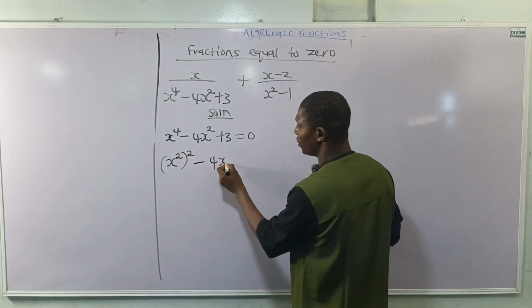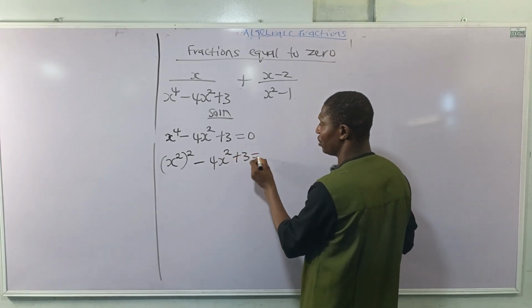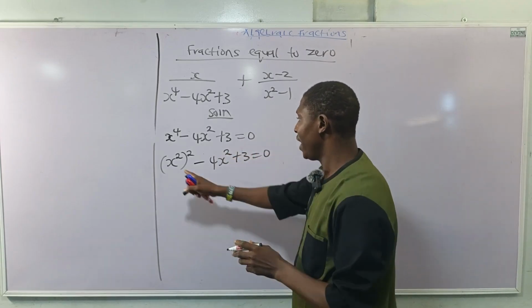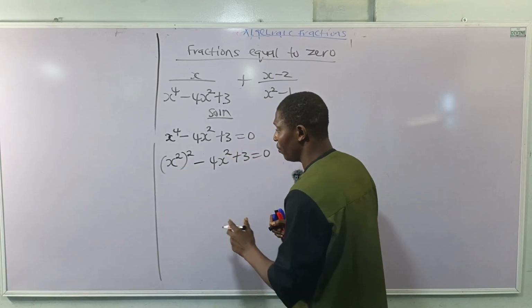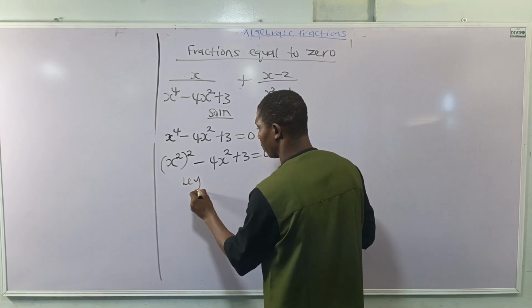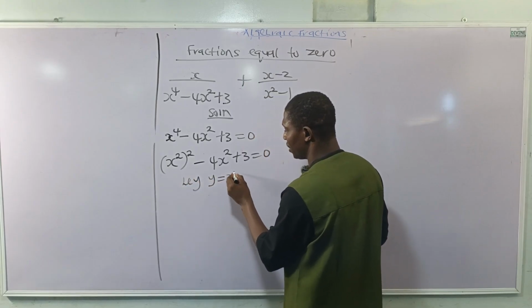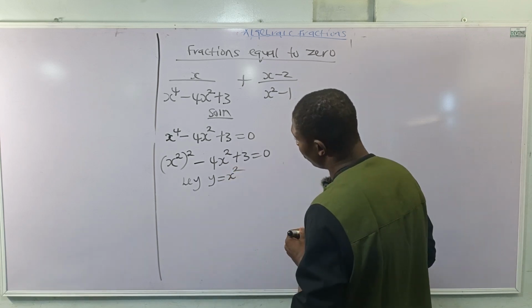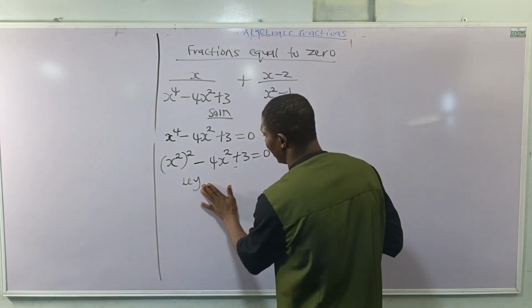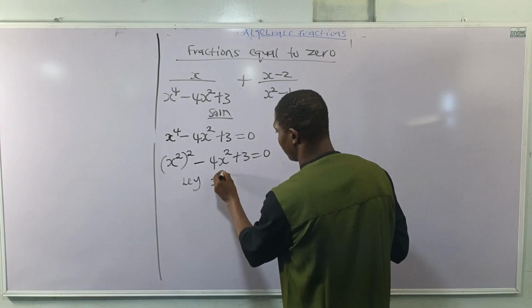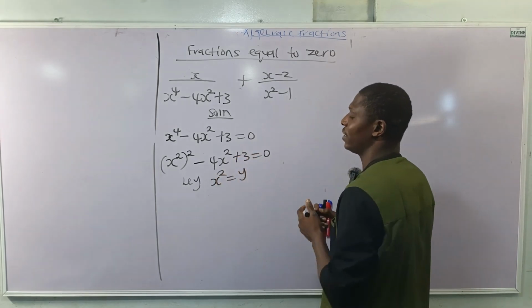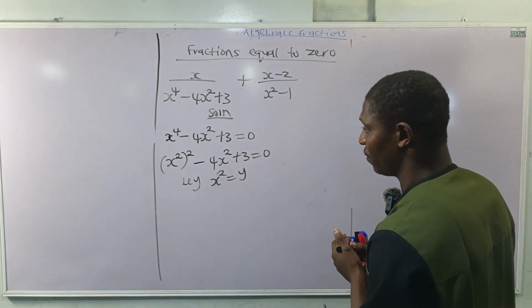Minus 4x squared, we can leave it the way it is, plus 3 equal to 0. We have x squared here, we have x squared here. We can simply say let y equal x squared, or better still, let x squared equal y. It depends on you.